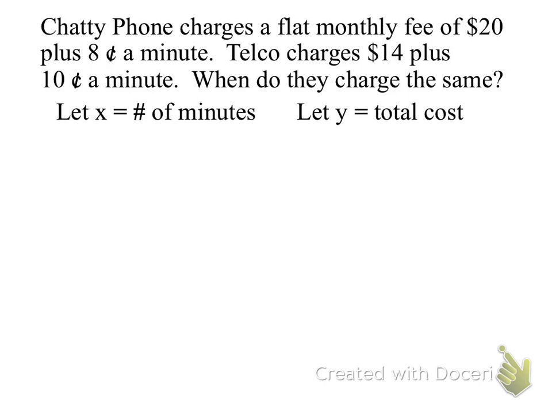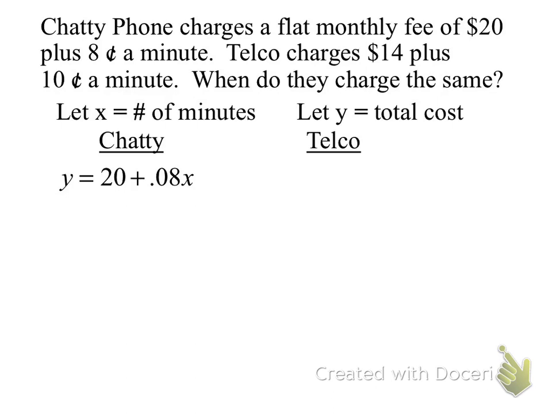Chatty phone charges a flat monthly fee of $20. See, monthly, it's not changing. It's always going to be 20. And 8 cents a minute. What would that equation look like? Y equals, the charges equal, 20 plus 8x. Do you see how that is? It's like a base fee.